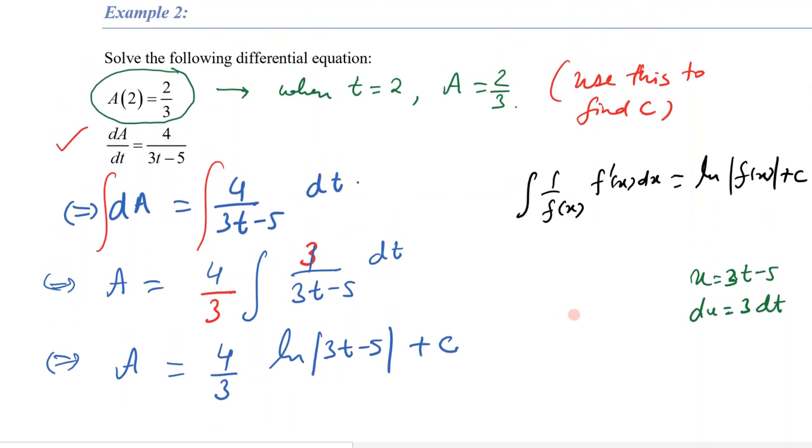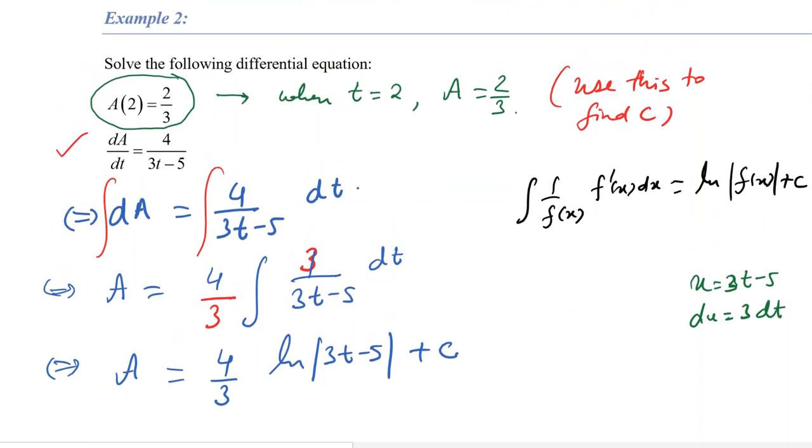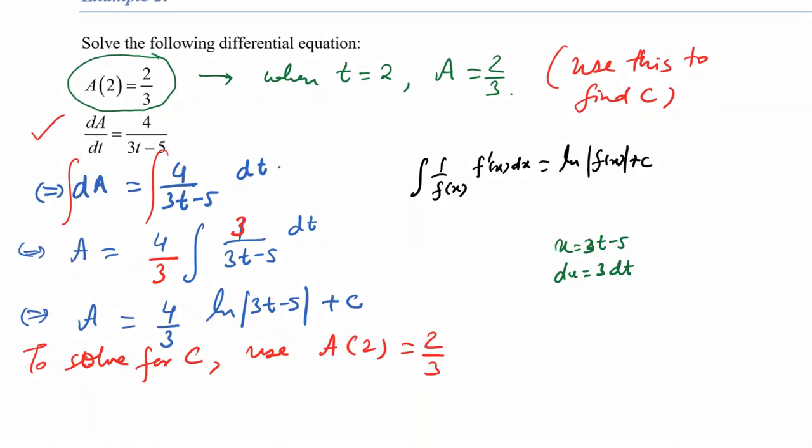So now we're going to solve for our C because we have some additional information. When t is 2, A is 2 over 3. So 3 times 2 minus 5, plus c.